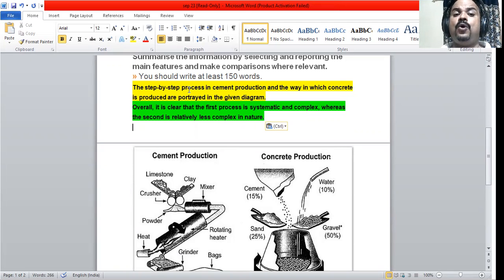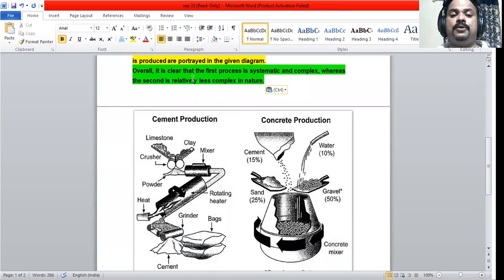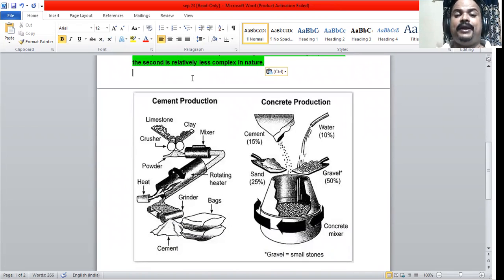Now I need to go ahead with the body because I'm going to write this in 2 paragraphs. In the first paragraph, I'm going to deal with cement production. In the second paragraph, I'm going to deal with concrete production. So let's go with cement production.